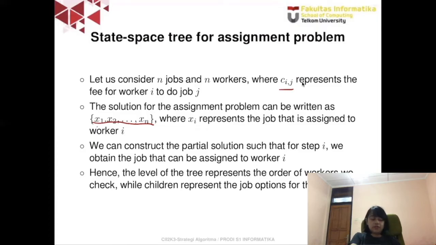At the first step, we can determine x1, and then for the next step, we can determine x2, and so on. So in the state space tree, level will represent the order of workers we check. And the children of a parent represent the job options for the workers on that level.